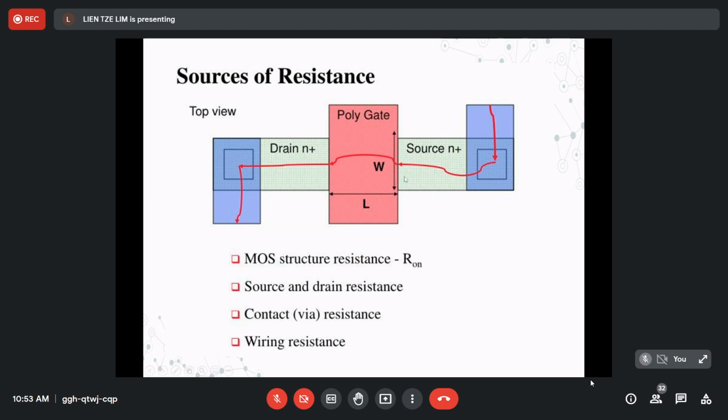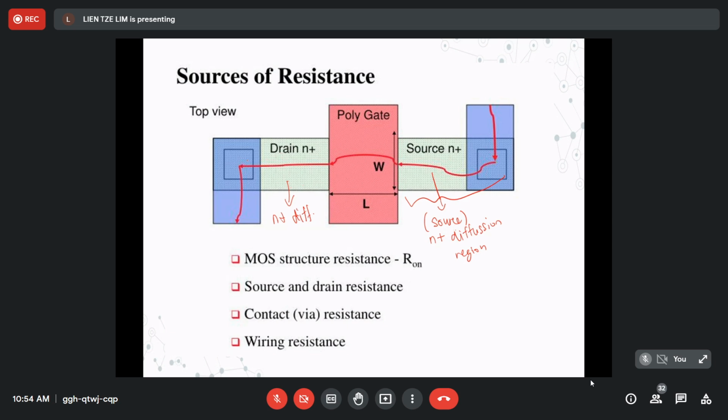You see the diagram here. There are source terminals. This whole thing is the N plus diffusion area, used as a source terminal. This is also the same, and this diffusion area is used as the drain terminal.